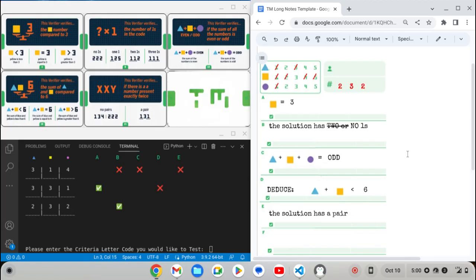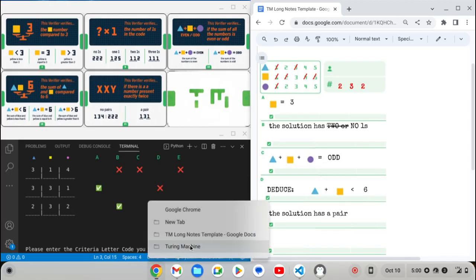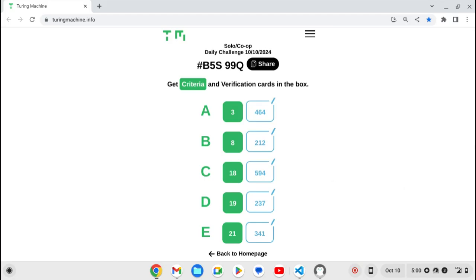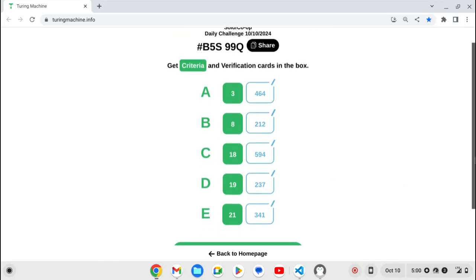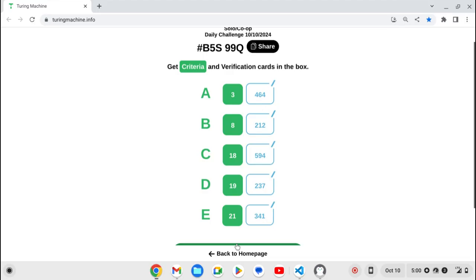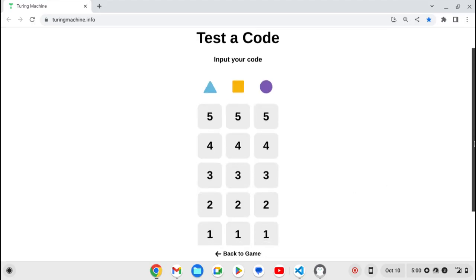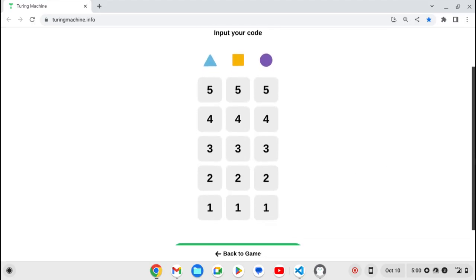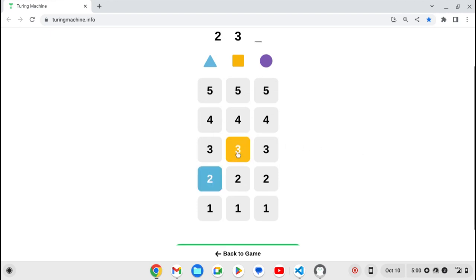Okay, so 232. Let's go verify. The only bad thing is I did have to go to a third round. That's the only unfortunate thing. Let's see. Okay, that is correct.